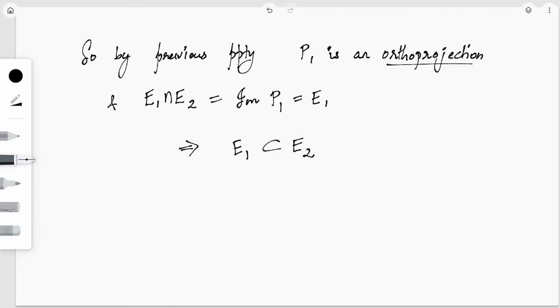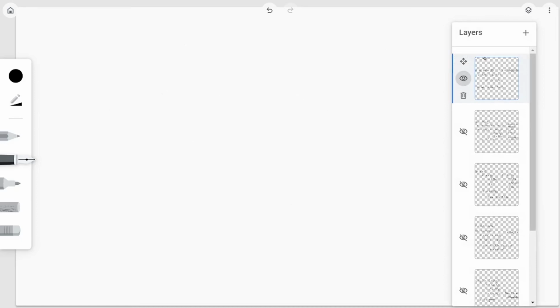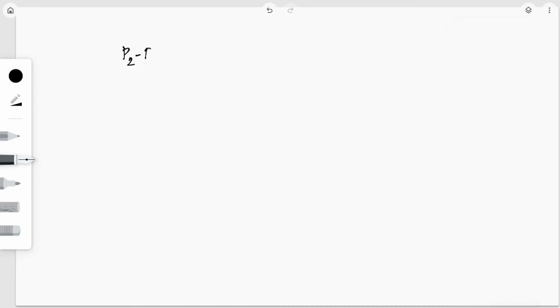Okay, so we have obtained that E1 is a subset of E2. Now we need to show P1 is less than or equal to P2, right? This is what is left to prove. So for that, first I'm going to consider (P2 minus P1) whole square.